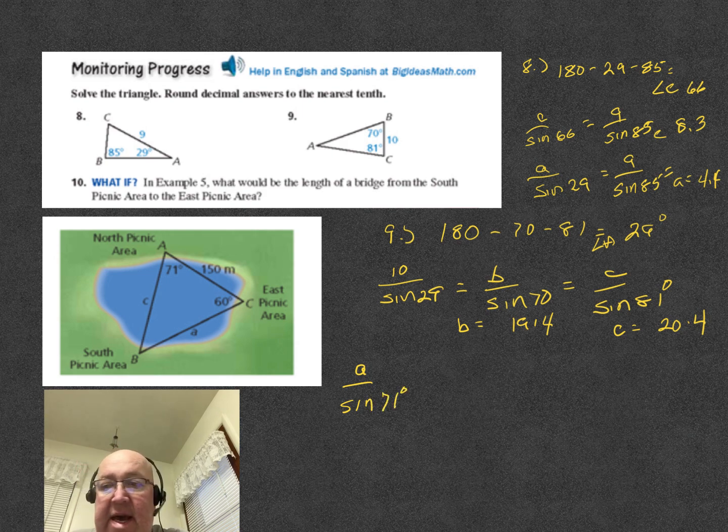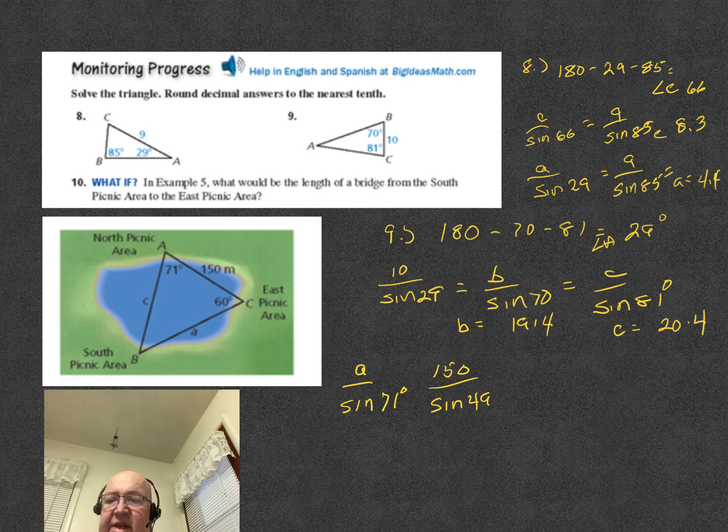We know that B is 150 meters, and if we subtract the other two angles, we're going to get 180 minus 60 minus 71 is going to be 49 degrees.